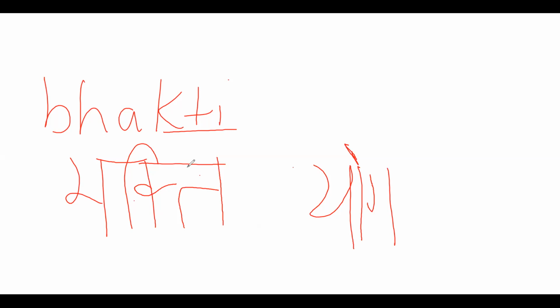KTI become joined for your turning the A into an I. Okay. So you got two things happening here. I'm going to change my color. You've got your K blending with your T, bhakta, bhakta. And now you're turning it into T. So these are joined with the I there. Yeah.